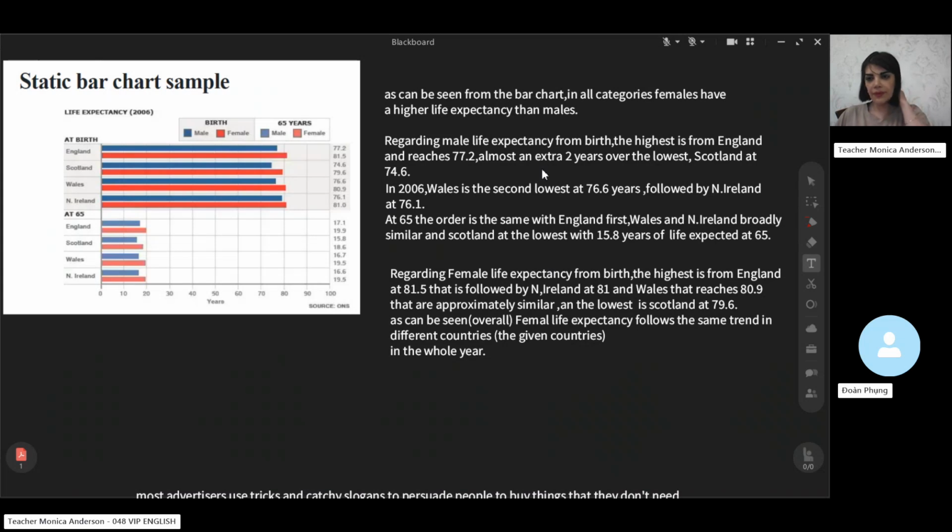How many paragraphs does this sample have? Four paragraphs. Again, we have an introduction, an overview, and main bodies, but the length of your paragraphs is different.